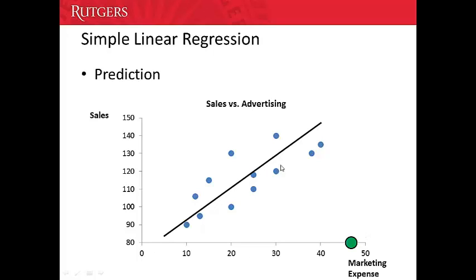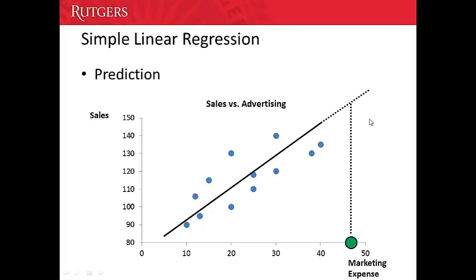You can use this regression to predict the sales. We can extend this line to make a prediction. So this will be the estimate for next month's sales based on the marketing expense of $47 million: the sales is around $160 million.